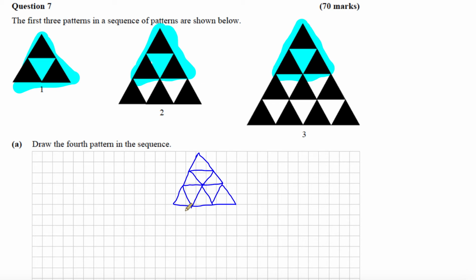So that's this one. Then we're adding another layer. Again, we continue those down. So now we've got this one drawn, and now we're just going to add one more there.